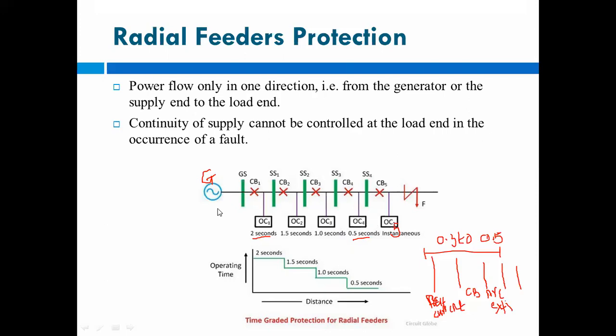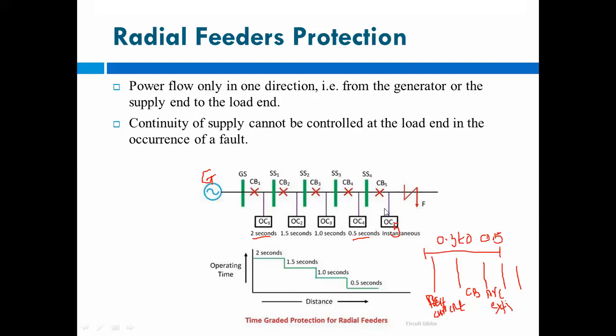The relays near the generating station will operate last. So first the relay which is far away from the generating station, or near the fault point, will operate first.